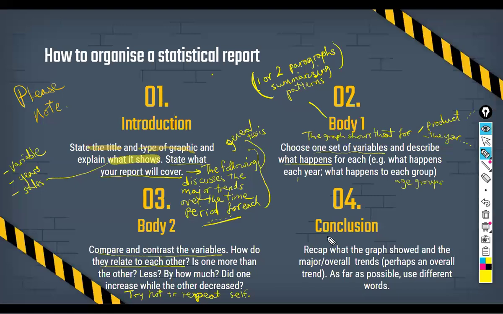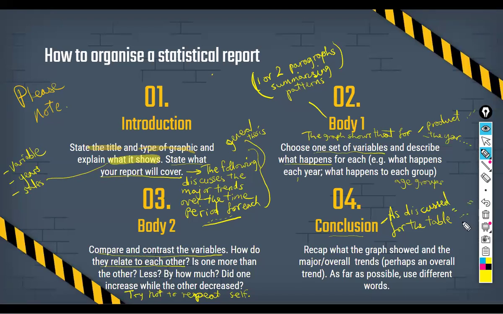Okay, then we come to the conclusion. We recap what the graph showed. So as discussed for the graph, for the graphic, for the table, I probably don't need a comma there. Let me take that out. You can put back the title if it makes sense, if you think it will be appropriate.